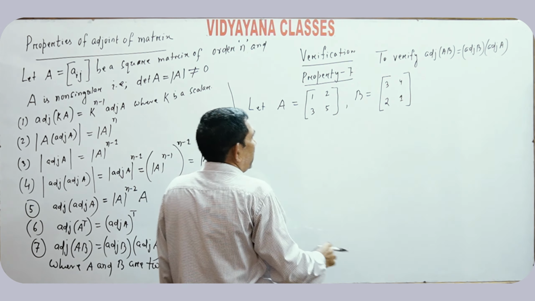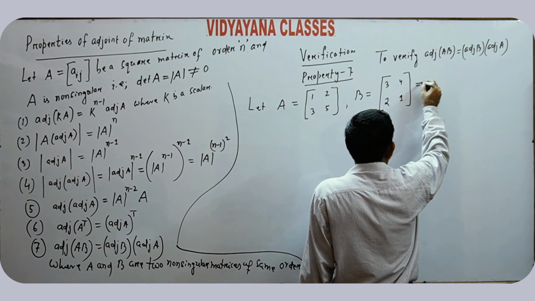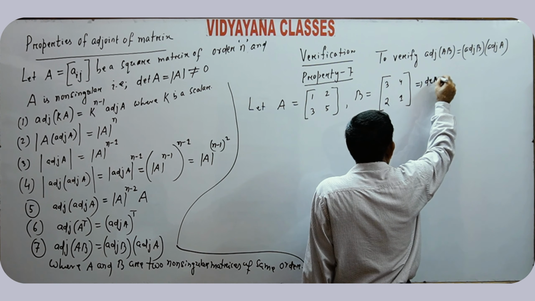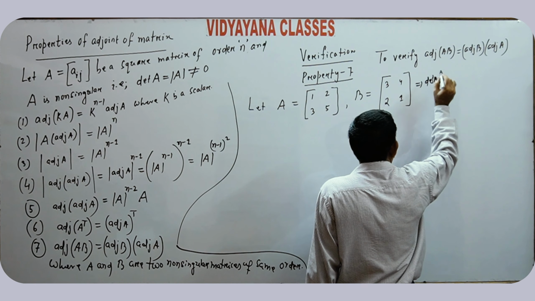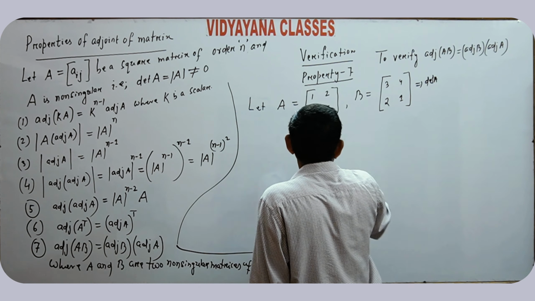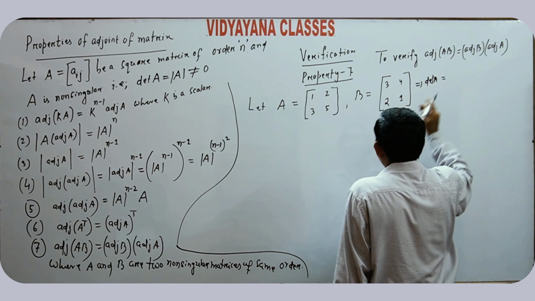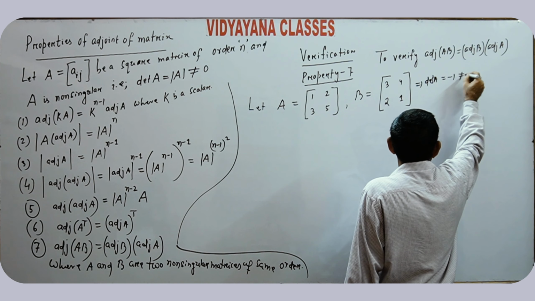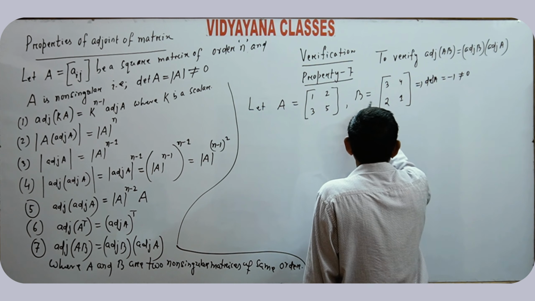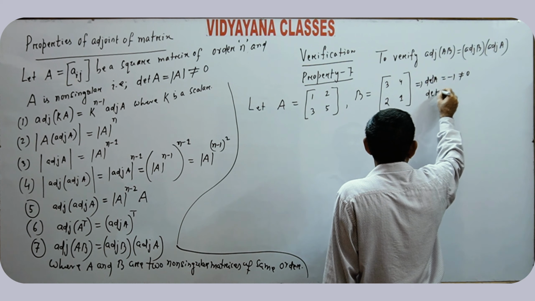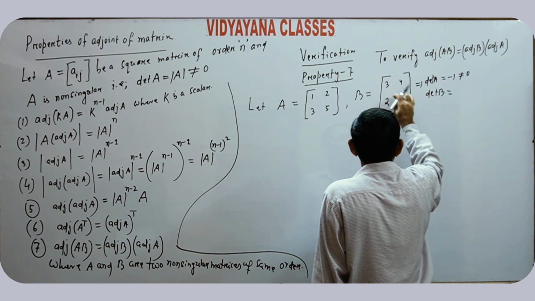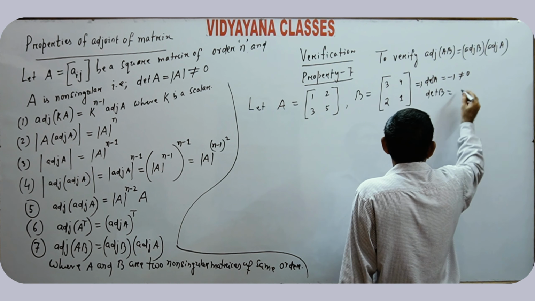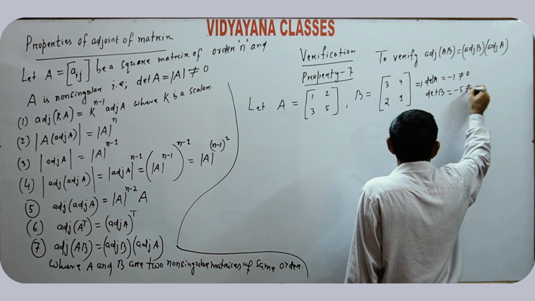For A, its determinant is 5 minus 6, that is equal to minus 1, not equal to 0. For B, the determinant is 3 minus 8, that is minus 5, not equal to 0.